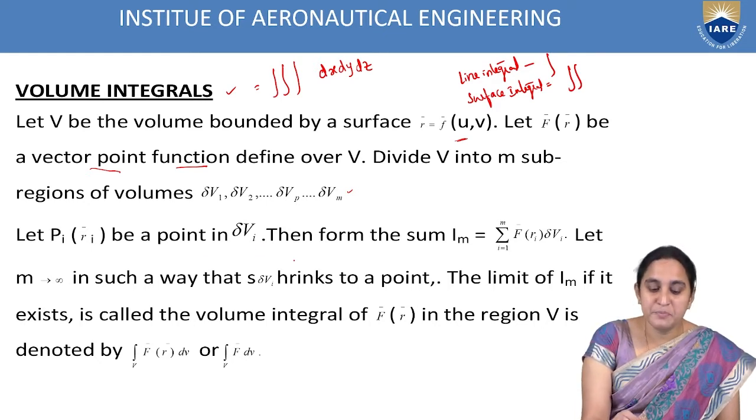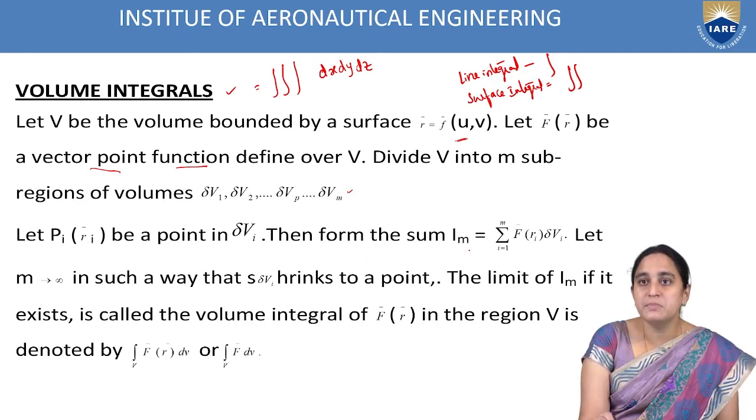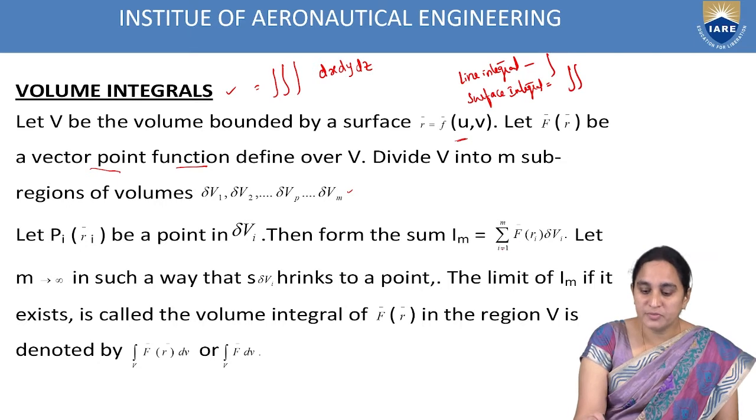Then form the sum Im, which is the sum from i equal to 1 to m of F bar of Ri into delta Vi.